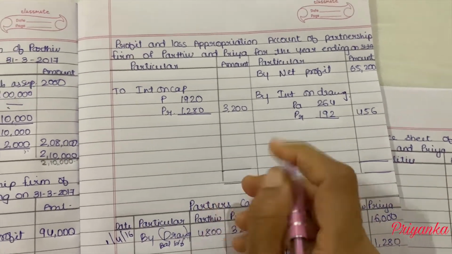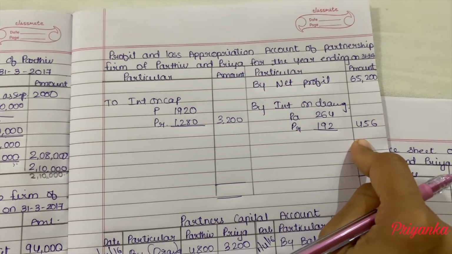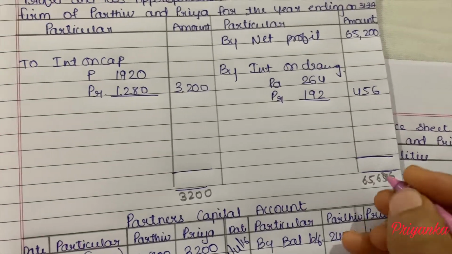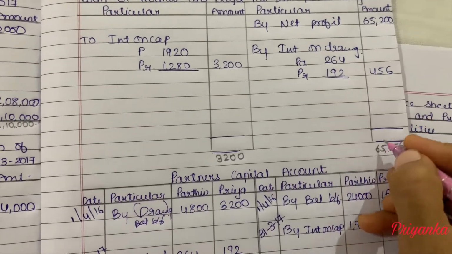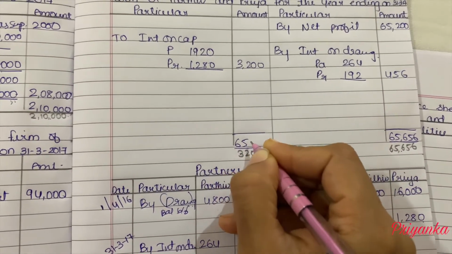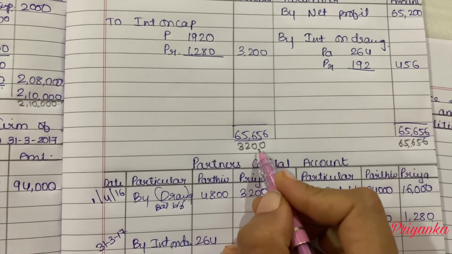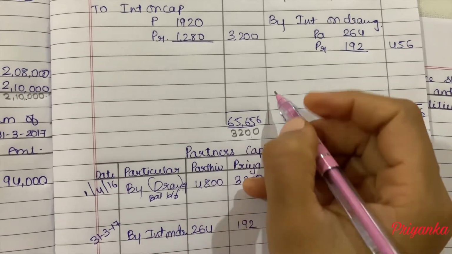As we can see, here is only one single amount and here the amount is more. So comparatively the difference will come this side. The total is comparatively more, so I am writing both the sides the same. And this is less, so get it minus and remove it out.